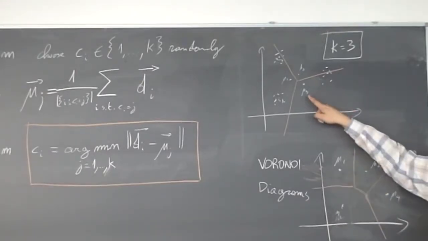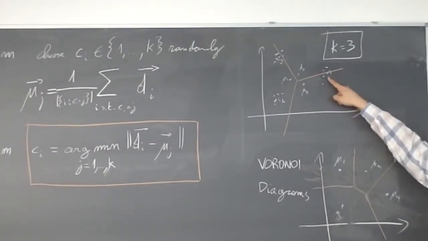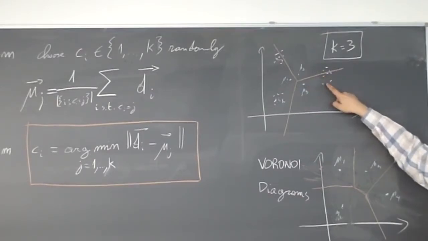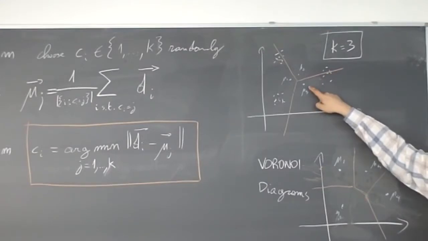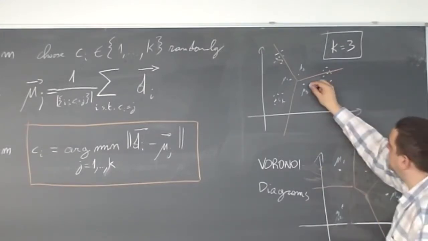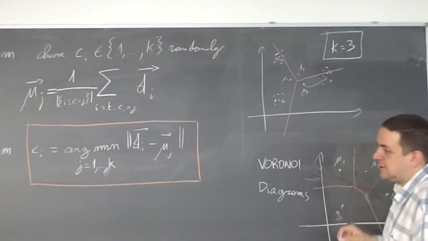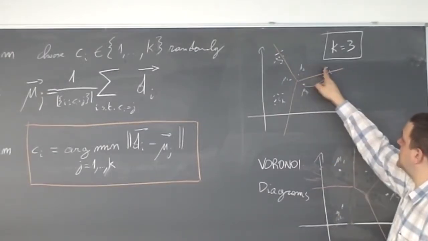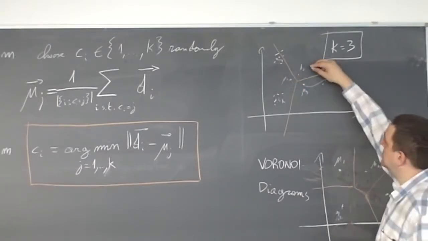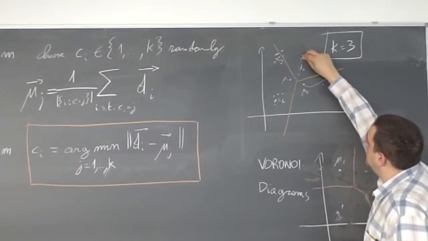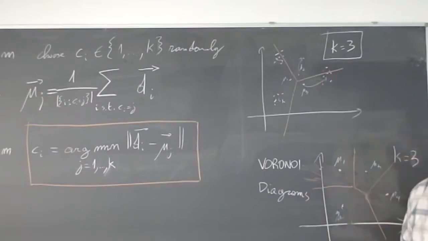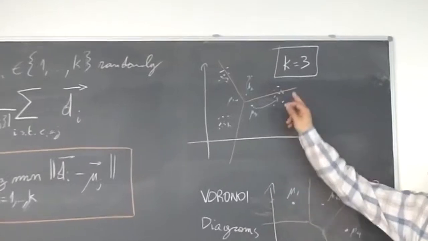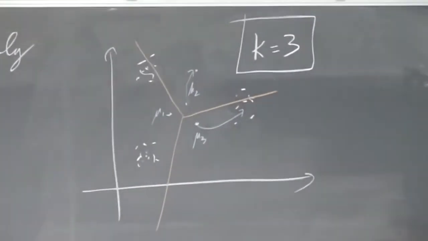Well, in this case, you see, for example, mu3 will be only points here are assigned to mu3. So mu3 will move here. Mu2 has some points here and some here, so it will move maybe here in the middle, closer to one of the other side, depending on the number of points that are assigned to it.